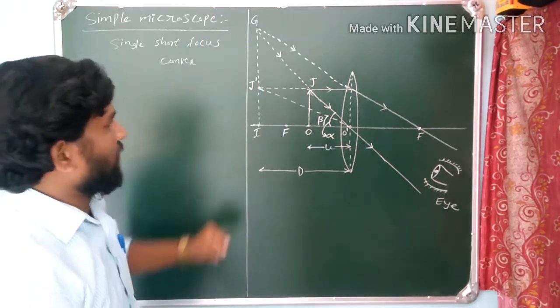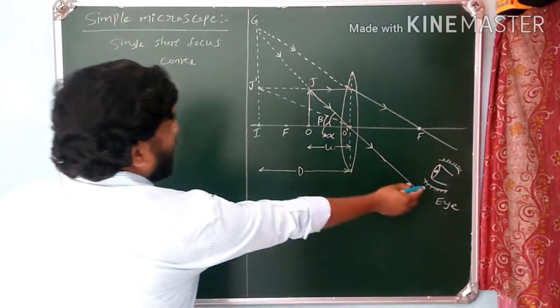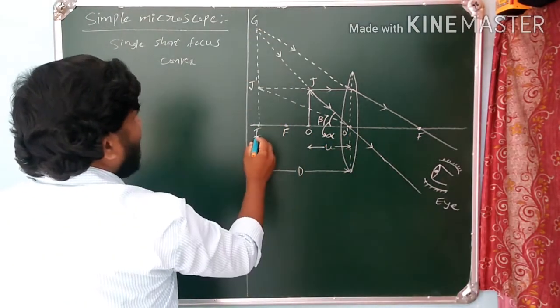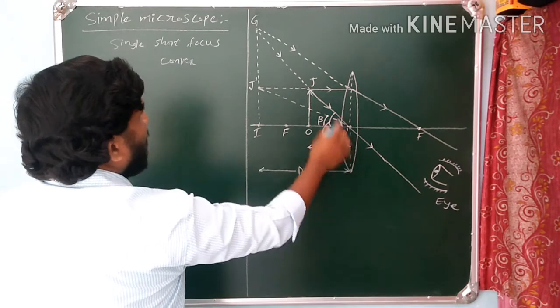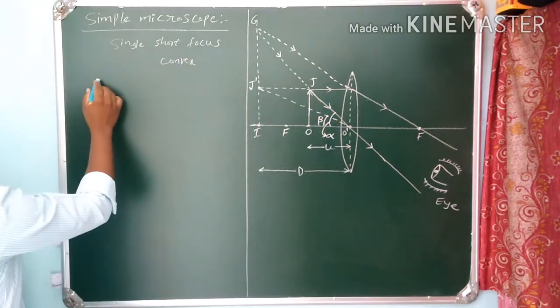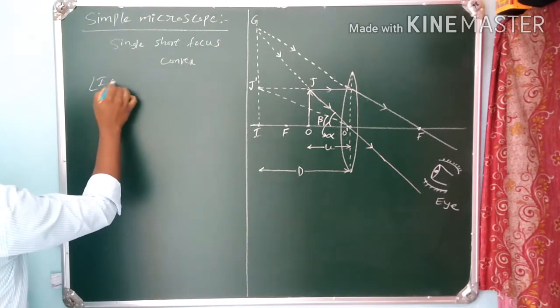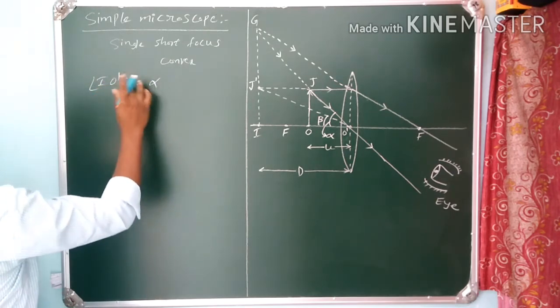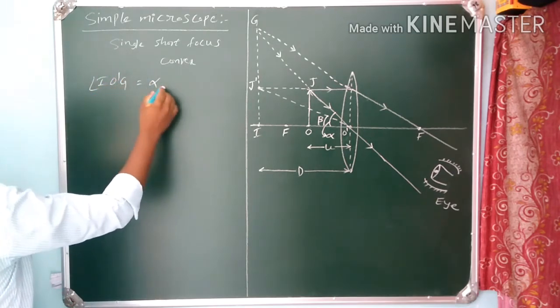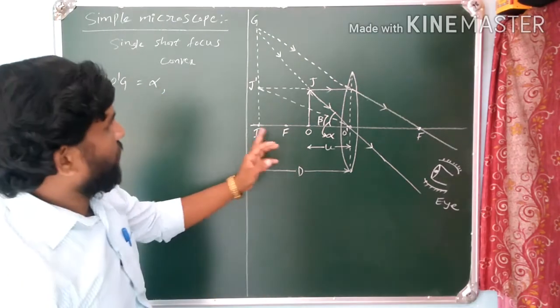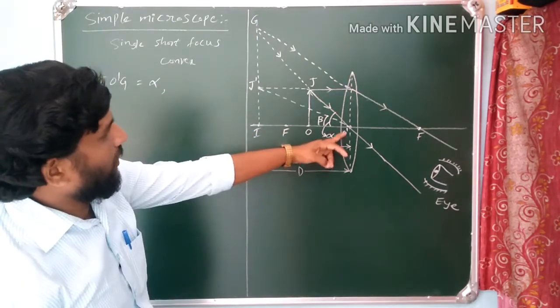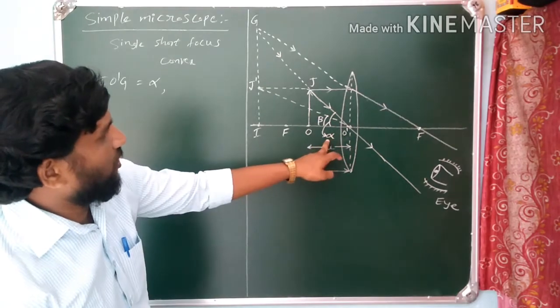Therefore, the angle subtended at the eye is angle I O dash G, which we call alpha.